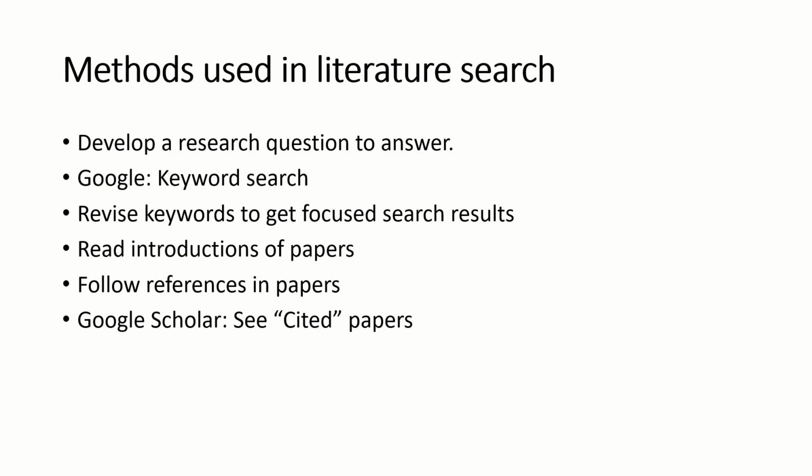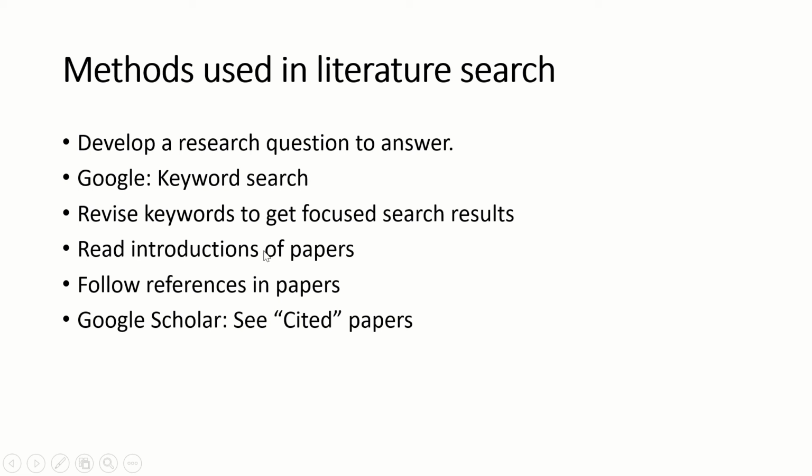But you also may need to revise your keywords because perhaps you don't know the technical language of a particular subfield. Ways you can get used to that are by finding review papers that broadly discuss the question you're trying to answer and get more refined technical words that you can then revise your search with.